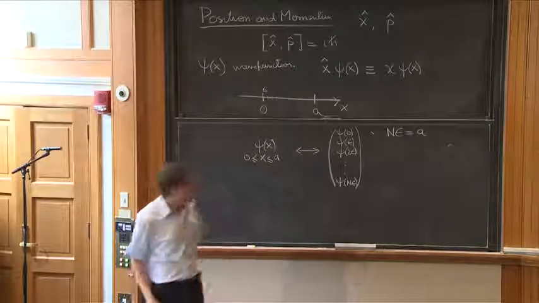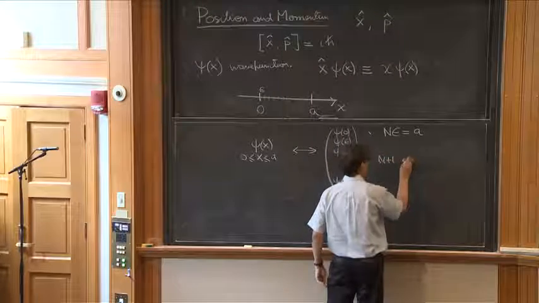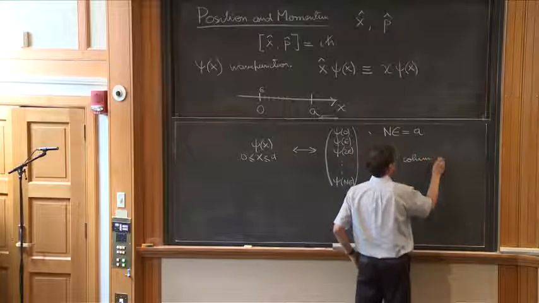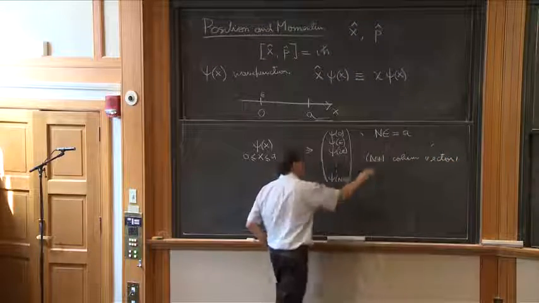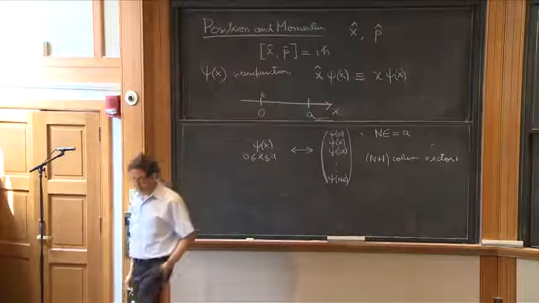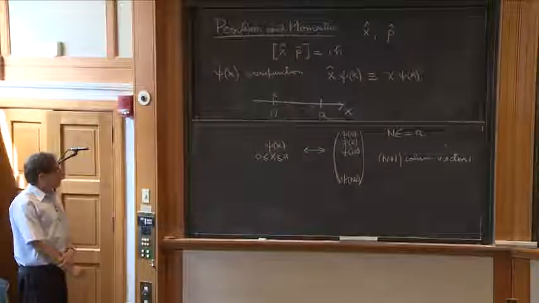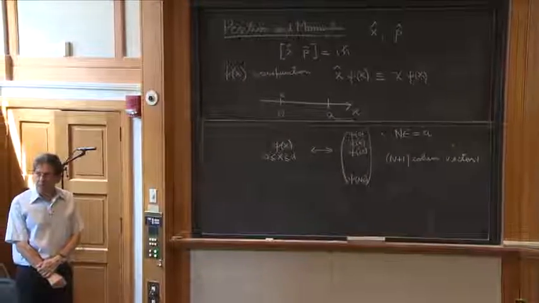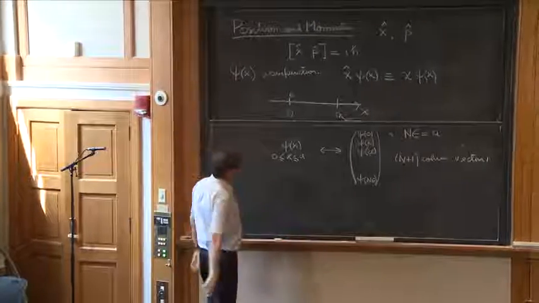In this case, this is an n plus 1 column vector. It has n plus 1 entries, because 0 up to n, that's n plus 1 entries. But that's a fine way of thinking of it. Not exact, because we have an epsilon.